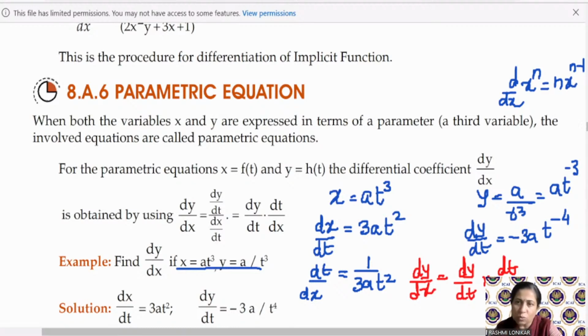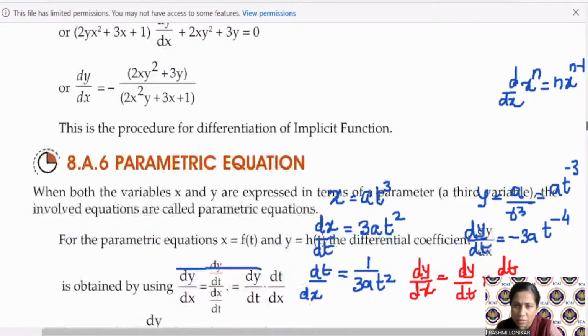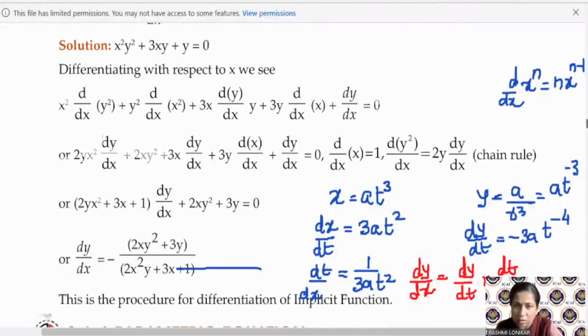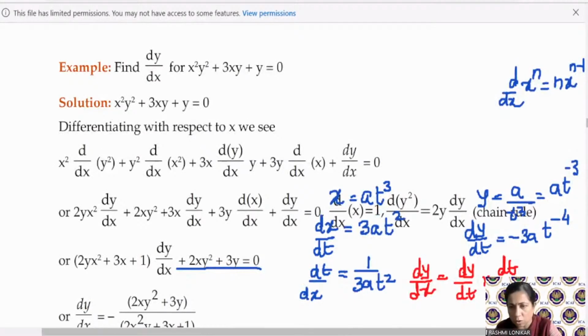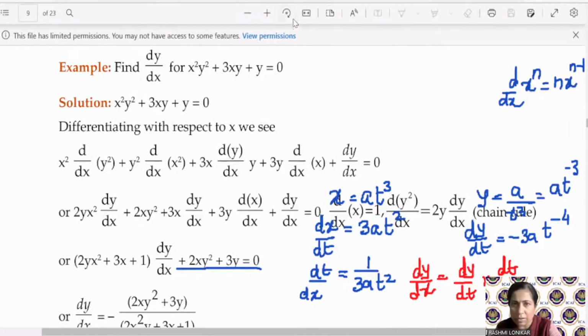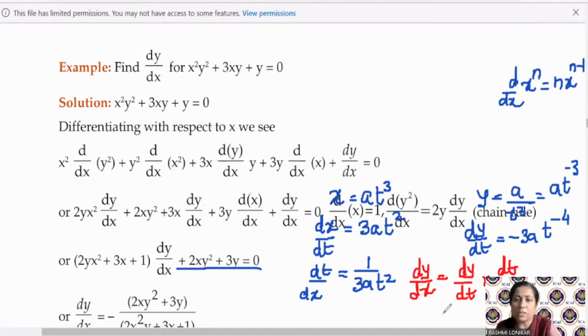But because the two functions are given in terms of t, I have to write down how much is dy by dx. This is equal to minus 3a t raised to minus 4 into dt by dx, and that is why we found dx by dt, and so I wrote the reciprocal dt by dx, which is 1 upon 3a t square.